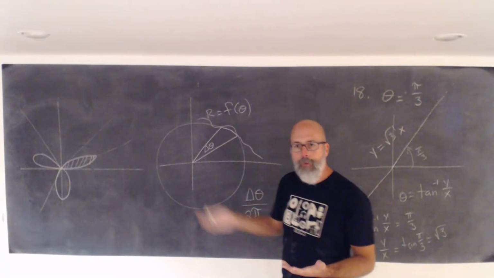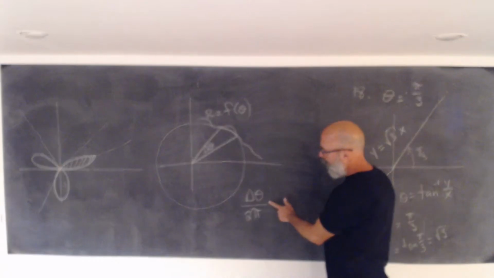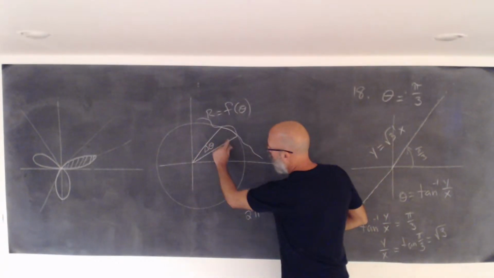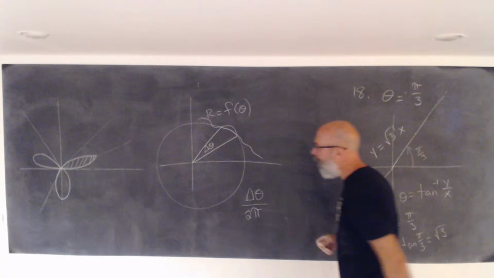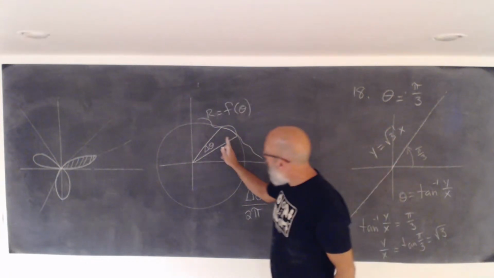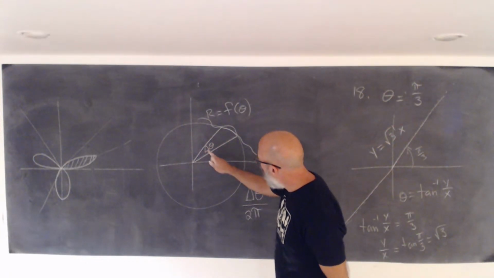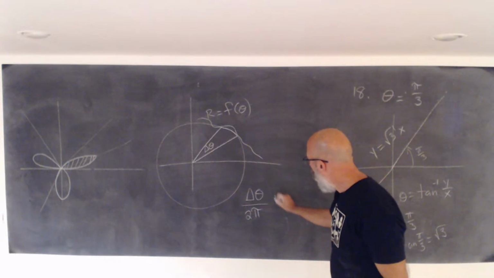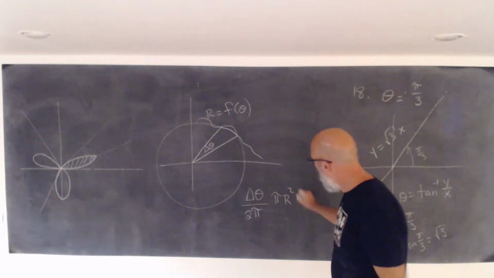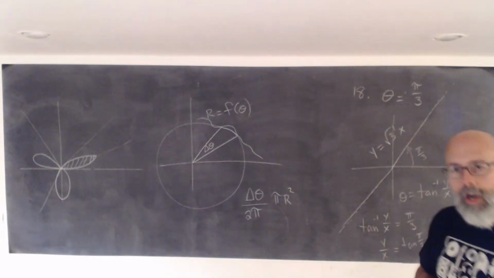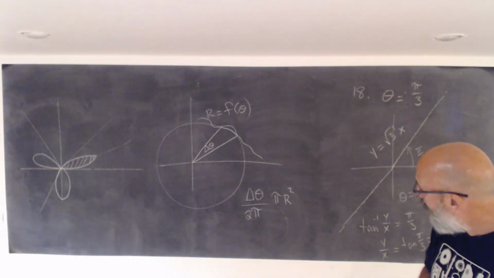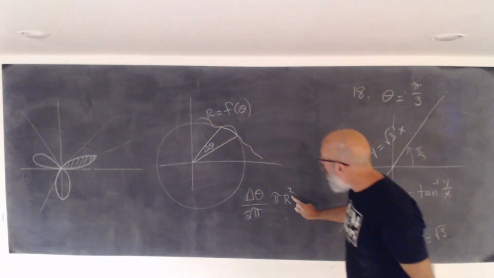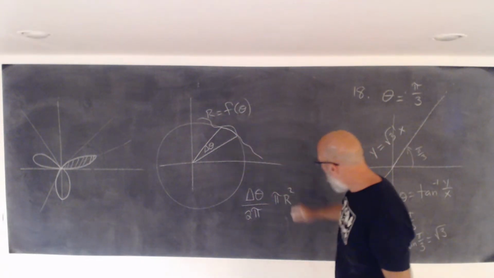What proportion of the whole pie is it? Well, it's that angle divided by the whole thing. So the area of this region is going to be this proportion of the whole area of the pie, where r is your function.